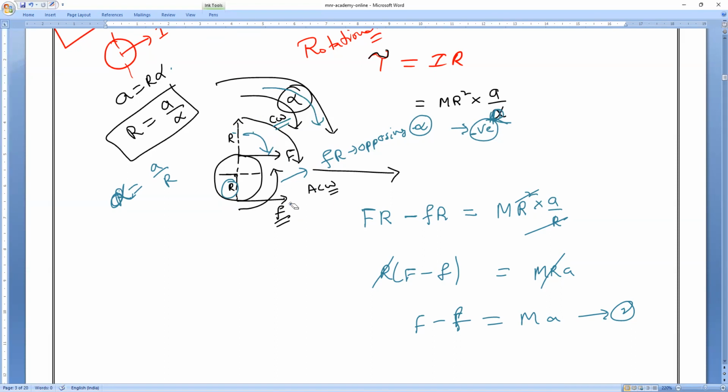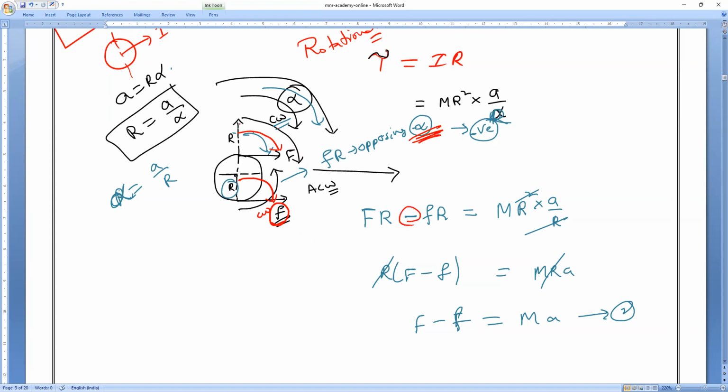What about R cross F here? Listen. R cross F, if I come, this is clockwise. Here also, R cross F is actually clockwise, but it is opposing the angular acceleration. It is a frictional force, which opposes the motion. That is why it has been taken as negative.